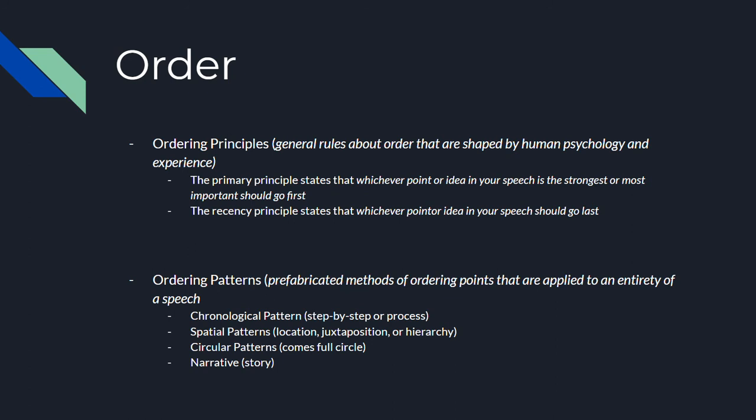But spatial patterns would be based on location, juxtaposition, or hierarchies. An example for location: if you were talking about places that were colonized by England, you could do the United States, you could do Africa, you could do the other countries that the UK has had a hand in intruding upon.